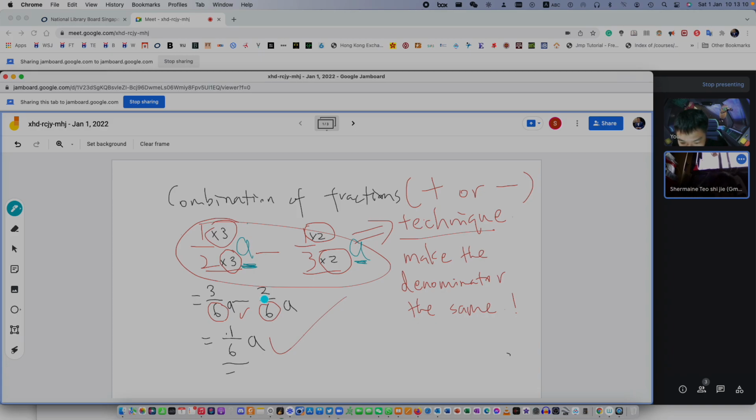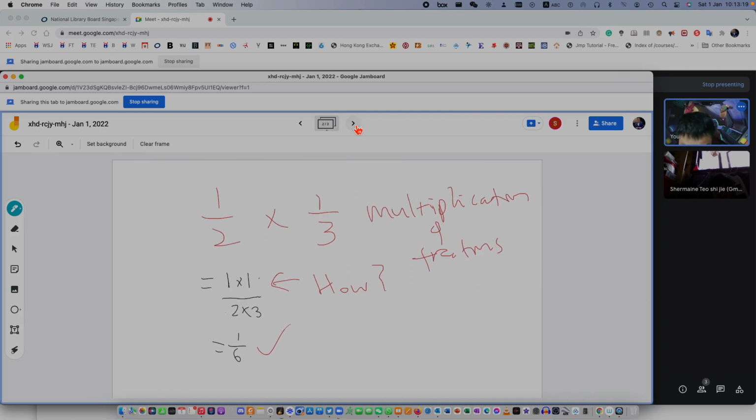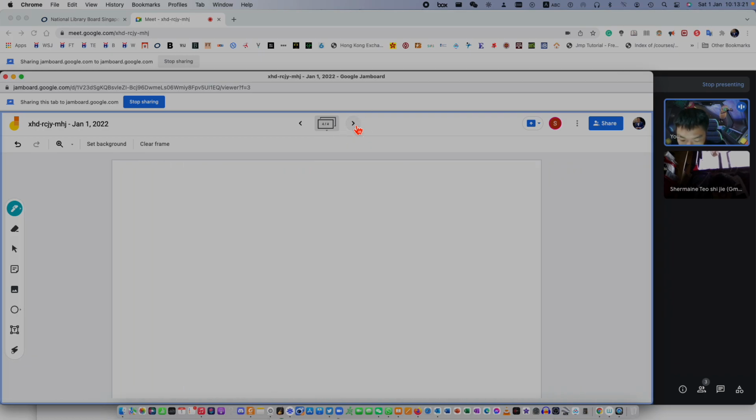Okay, so let me go to a clean one. If you have a letter a with each fraction, how do you read this?